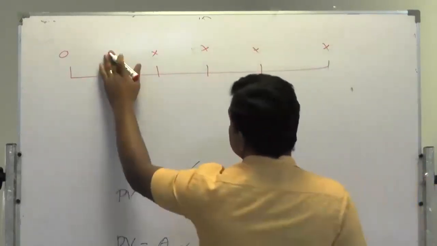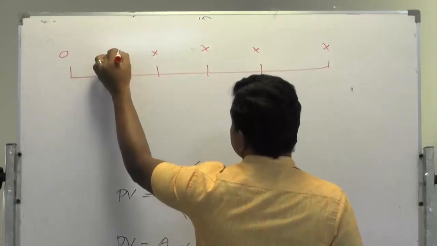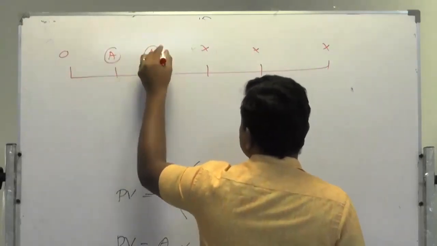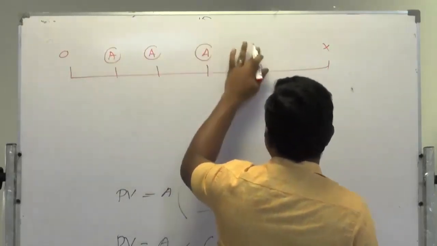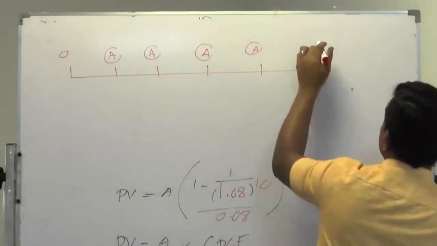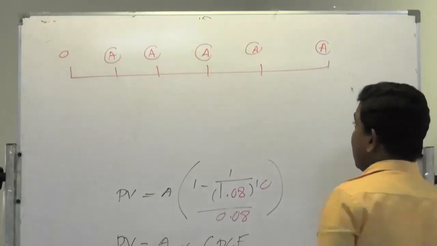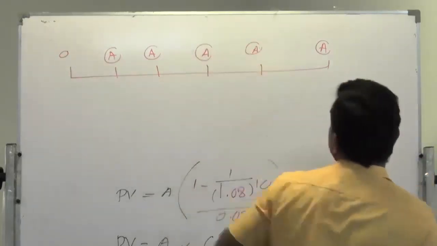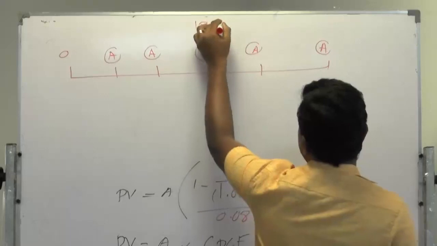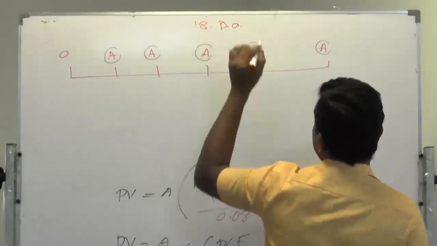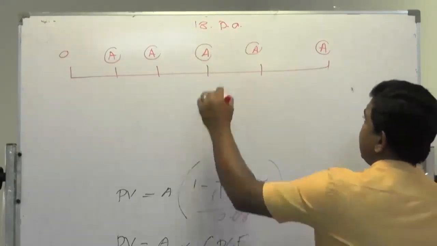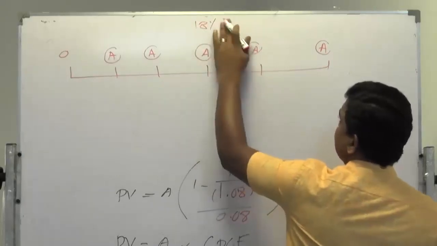That installment is like an annuity, right? On the leasing company side, this is an annuity they will receive, or on your side, this is an annuity you will pay. Equal in value, you will pay each year end. Annual interest rate 18% per annum, right?